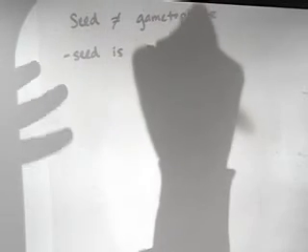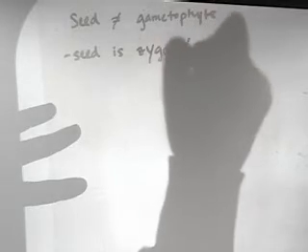So, first of all, one important thing I want to mention here is a lot of people get gametophytes and seeds confused. So, a seed is not a gametophyte. What a seed is, basically, is the zygote, the embryo.